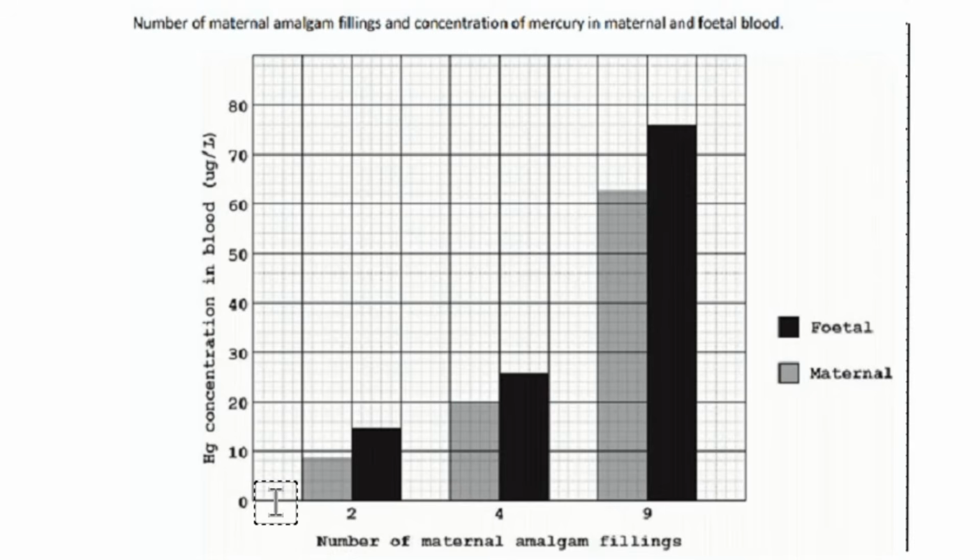And what can we observe here? We can see that the fetal mercury concentration is always higher than the maternal. But with each one, whether maternal or fetal, there's an increase in mercury concentration when there's an increase in maternal amalgam fillings.